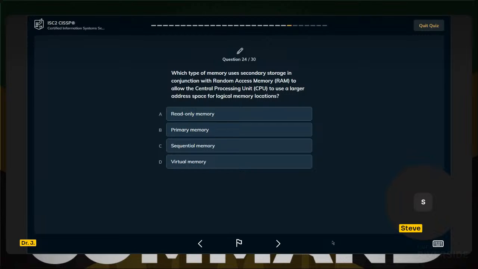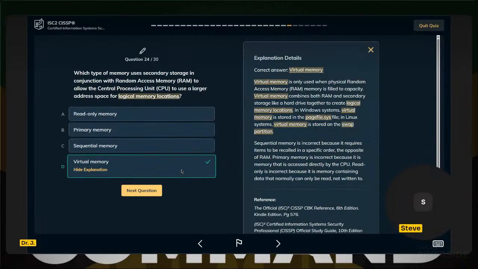Is that the same as page files where you use the hard disk to extend the memory? Because primary memory is your RAM, so they're looking for what's the secondary storage to it. I'm not 100% sure on this one. But you were right, it's virtual memory. Oh, because it's logical.